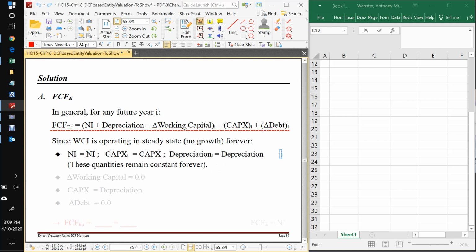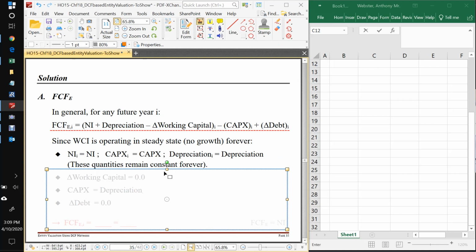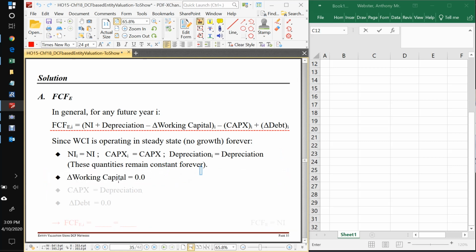We don't have to worry about year 1, year 2, year 3, year 4, year 5. All we have to worry about is any old year because they're all going to look the same, okay? And if the firm is truly in steady state, the working capital is not going to change. Working capital would only have to increase if the firm were growing and decrease if the firm were shrinking. So the change in working capital every year is going to be 0.